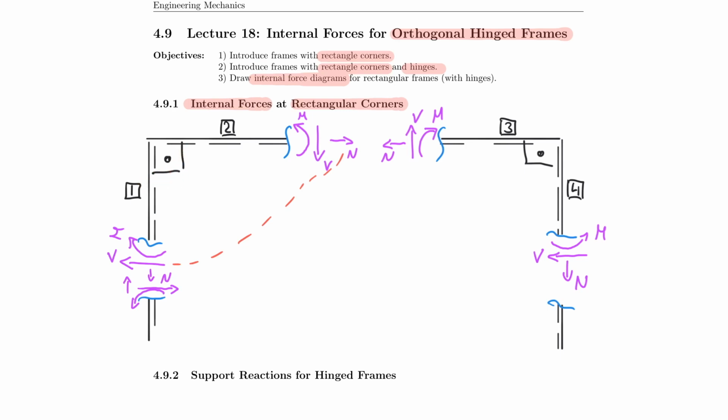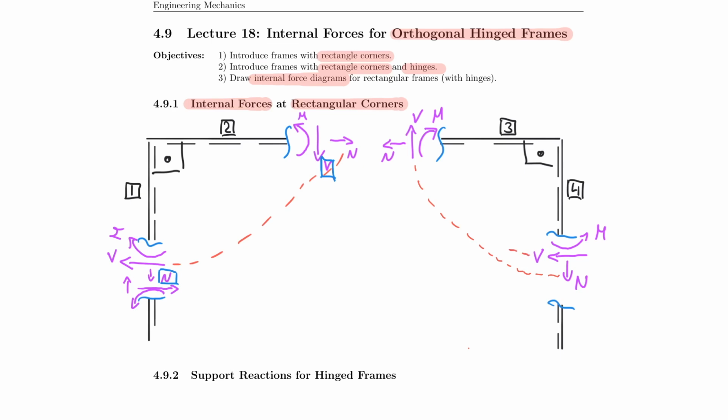And I can do the very same thing with my normal force here. My normal force has to balance my shear force here. Or not balance, but they have to interact with each other, if you will. And the very same thing is, of course, true again on the other side. So maybe I can do a better job showing it this time. So the shear force here has to go and interact with the normal force.